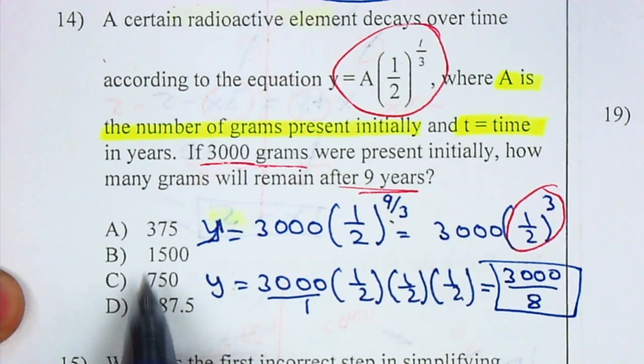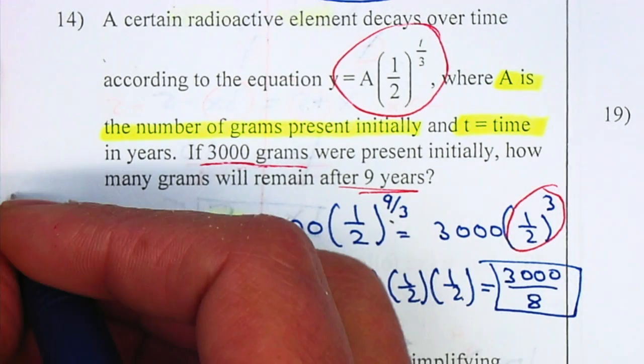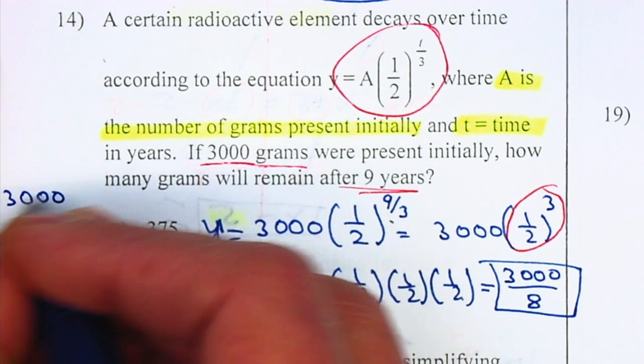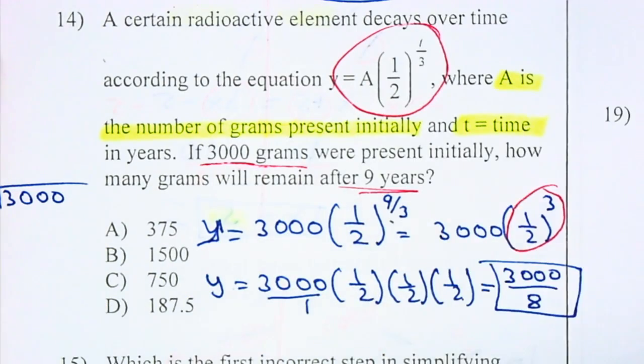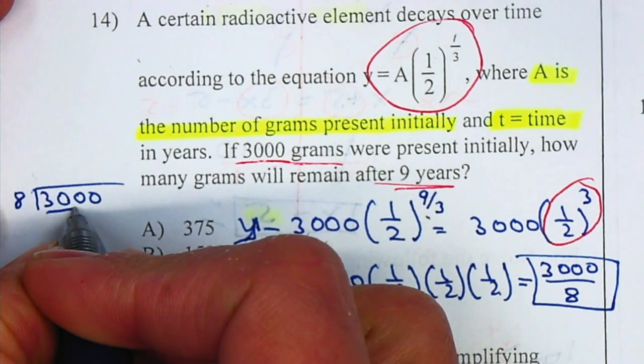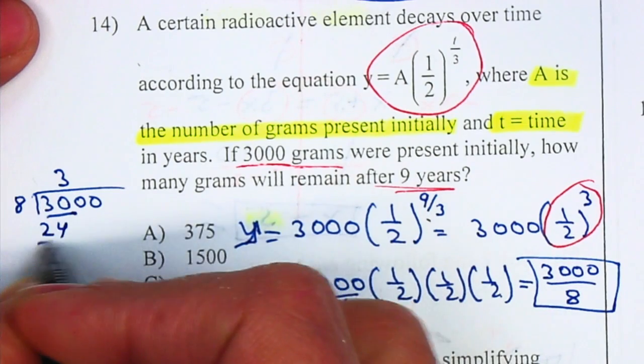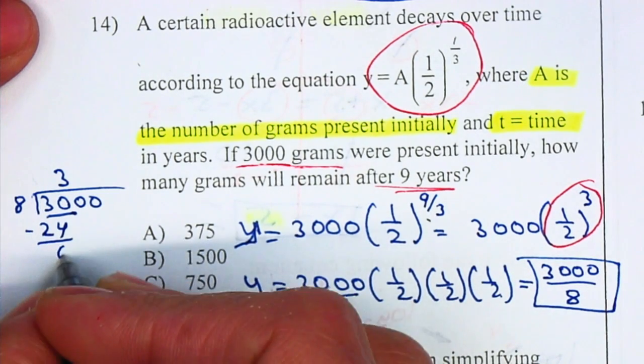But I need to convert it into a decimal. If you want to reduce it first, you can, or we can just do the long division. Divide by 8. Remember, the first number always goes inside on a division. 8 goes into 30 three times; 3 times 8 is 24. Subtract gives us 6.